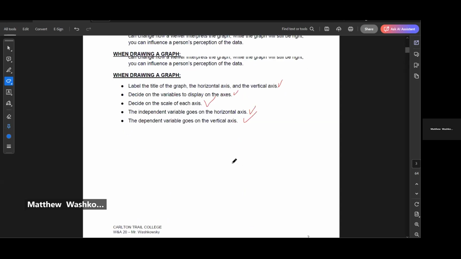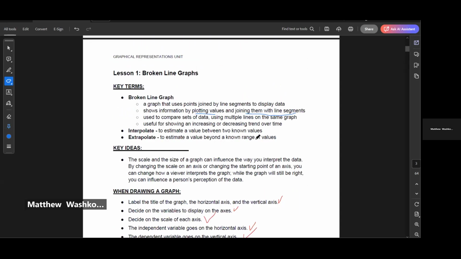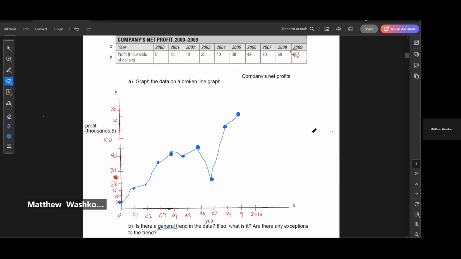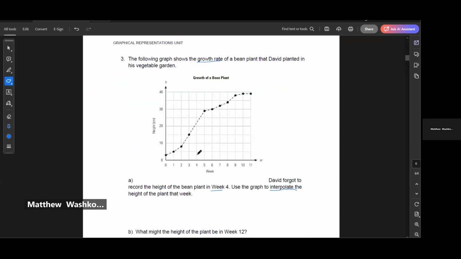Interpolate. What does that mean again? Interpolate means to estimate a value between its known values. So if it's week 4 here, well, we can figure out where it is on this line using the information available to us. So let's think about it.